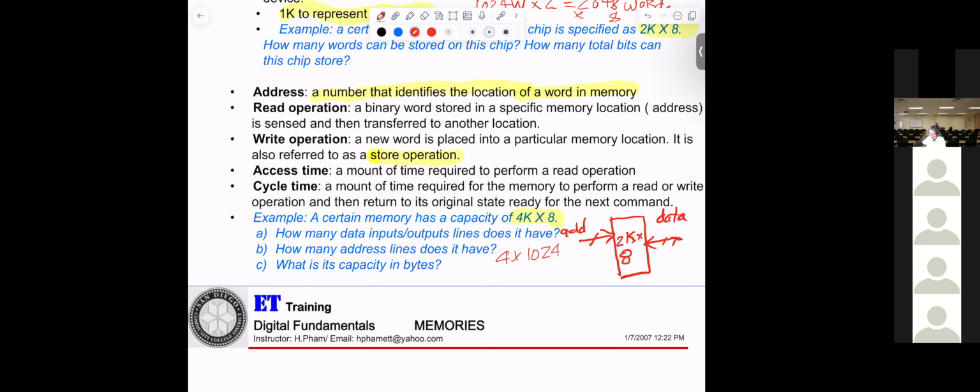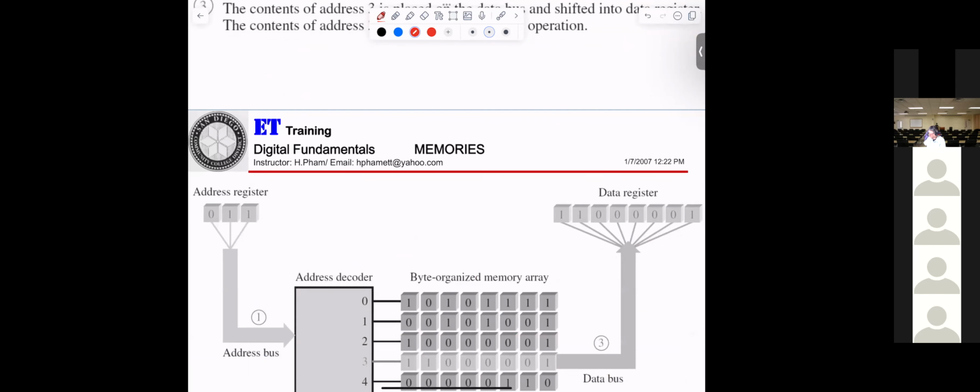You can see in here 1, 2, 3, 4, 5, 6, 7, 8 bits, and they can go up to 4K, 4096 locations, and the data will be 8-bit.